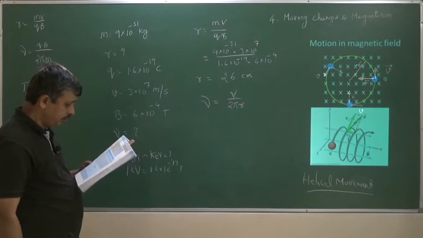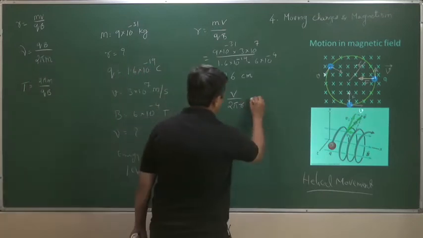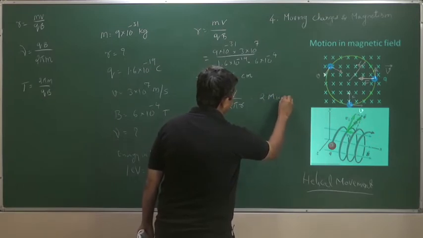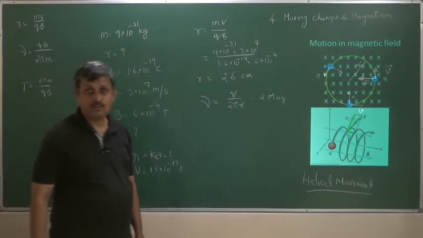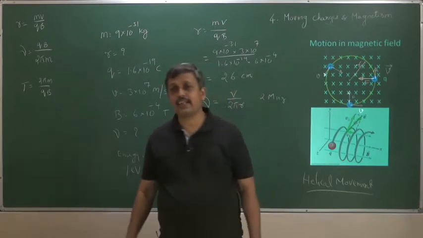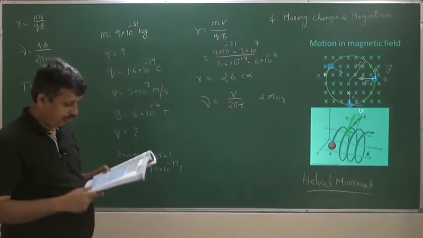If you calculate that, you will get about 2 megahertz. So that is the speed with which it is actually going. I mean, 2 million cycles it is doing in 1 second. So fast it is actually going around.